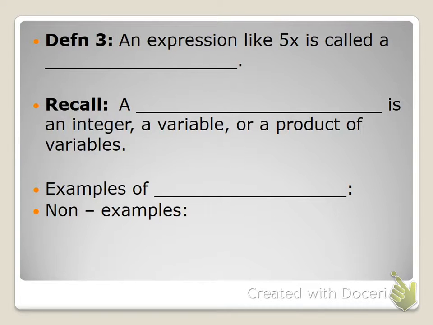An expression like 5x is called a, we should know this. How many terms are there? One. Monomial. Okay, we should have already known this. Not two S's.